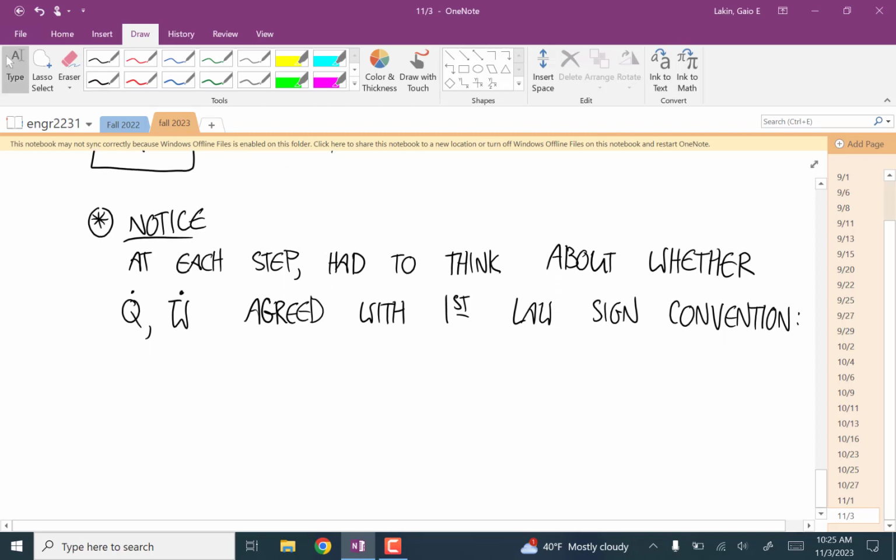At the turbine, W dot was equal to the W dot from our equation. At the condenser, Q dot was negative Q dot from the first law. You understand what I'm talking about here?